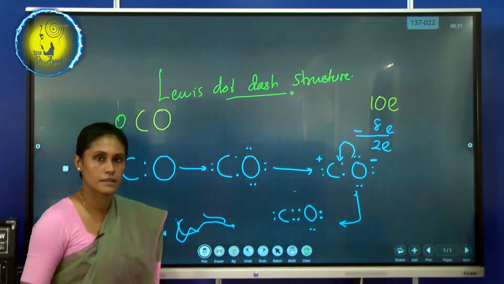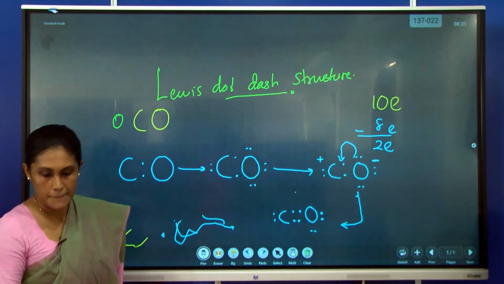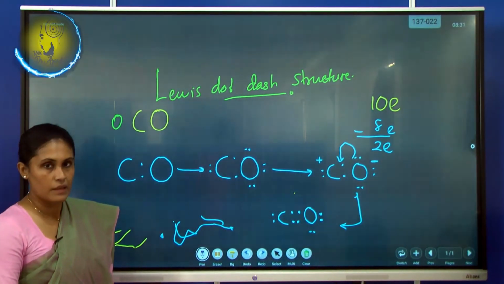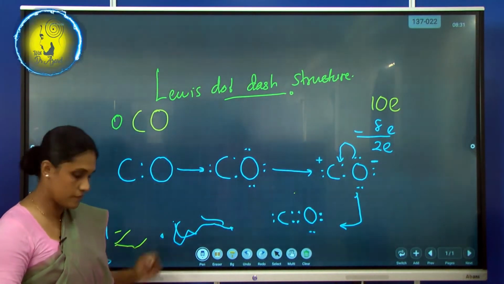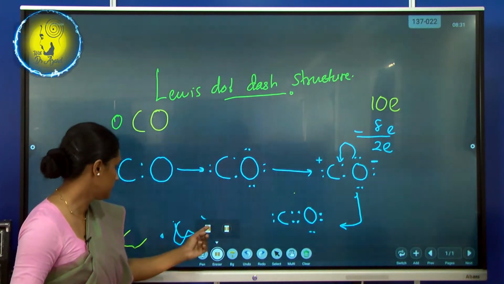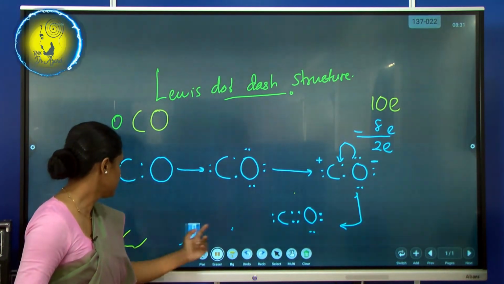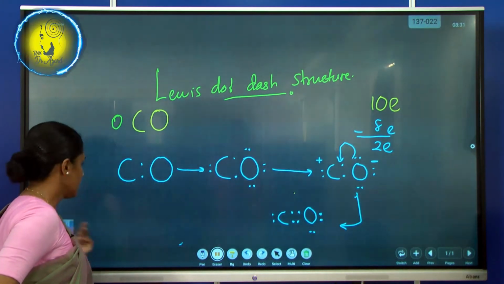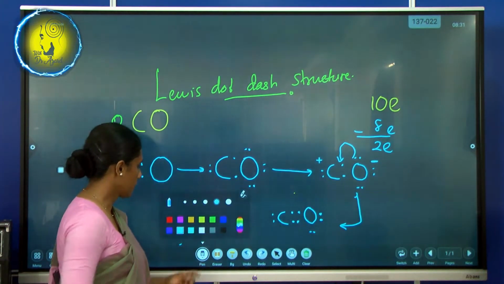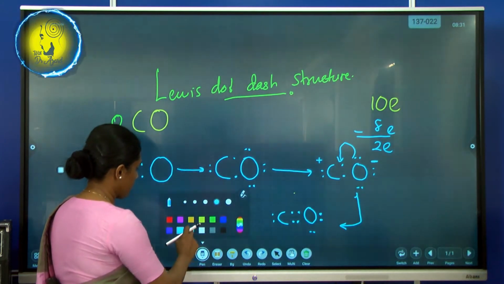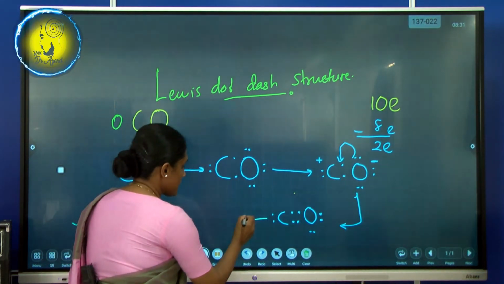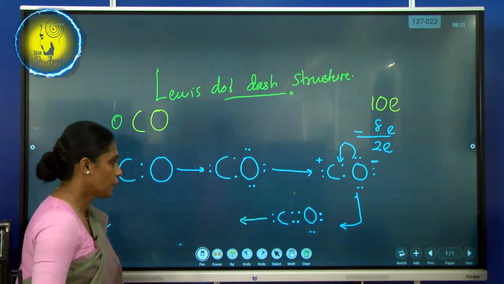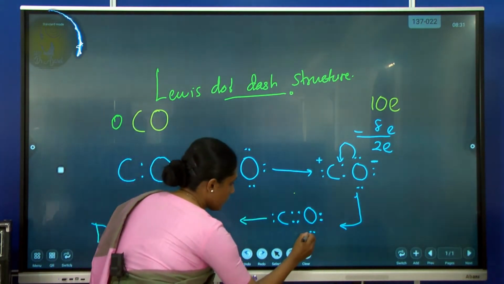Hope you can understand up to this. After this, what does this pair of electrons do?